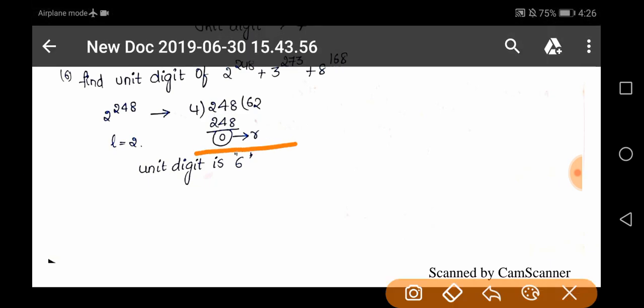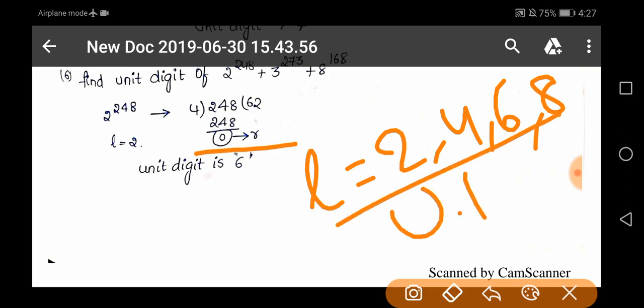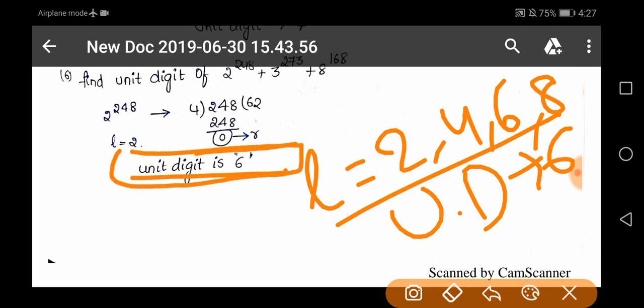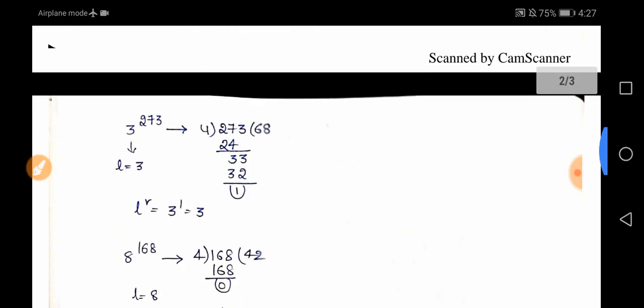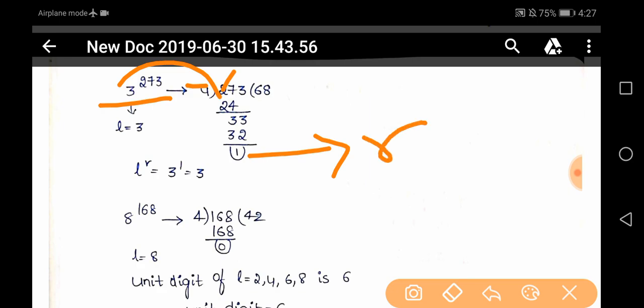Here we got a remainder 0, but as we know, for the last digit 2, 4, 6, 8, if the remainder is 0, then the unit digit is 6. So the unit digit is 6 here. Next, 3 power 273. The cyclicity of 3 is 4. Solving it, we got a remainder 1. So 3 power 1 is 3.